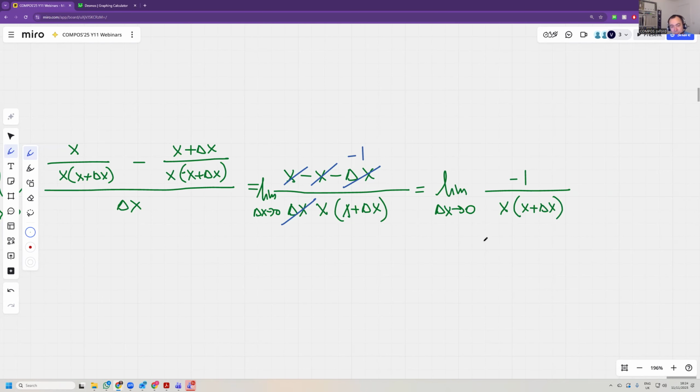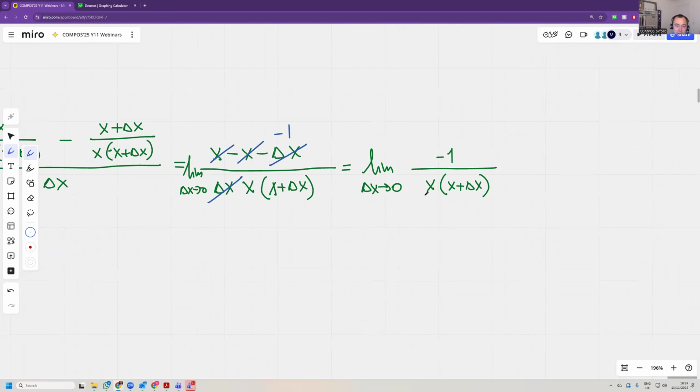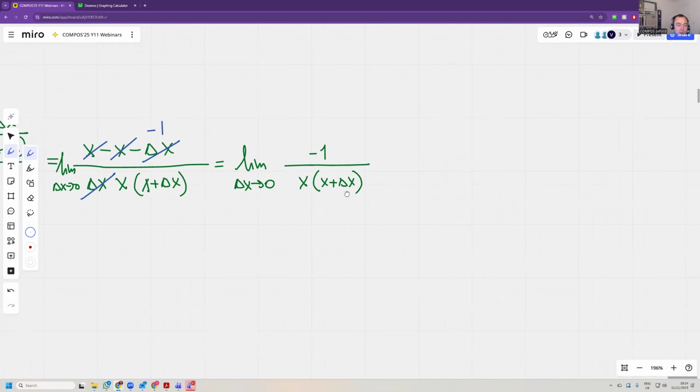Okay. Well, as a matter of fact, you can open the brackets on the bottom and you get the limit as delta x tends to 0 of minus 1 over x squared plus x delta x.